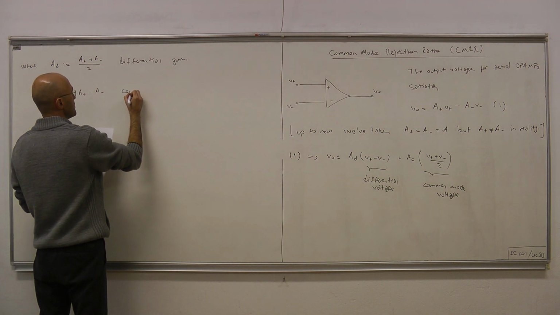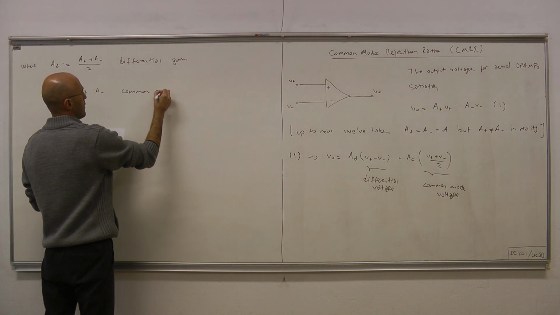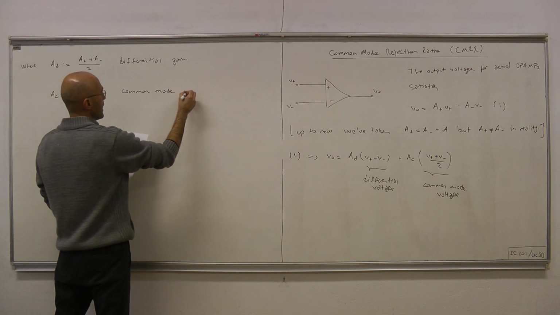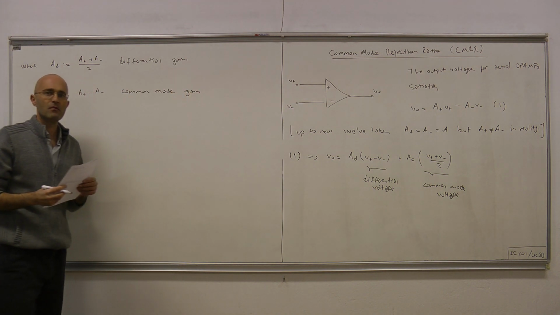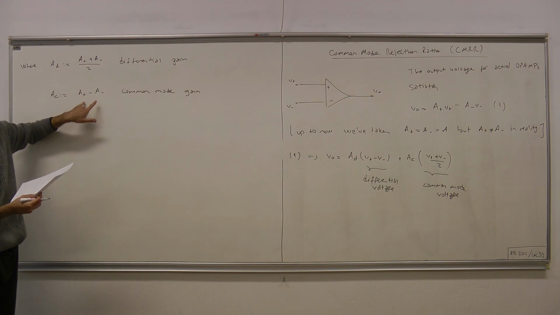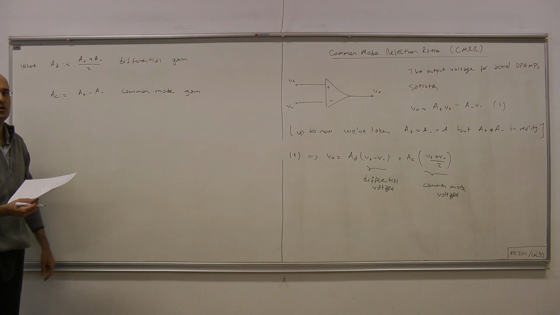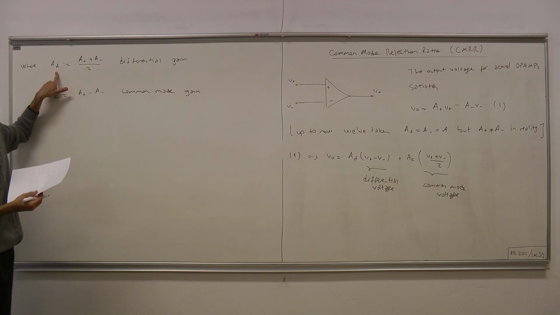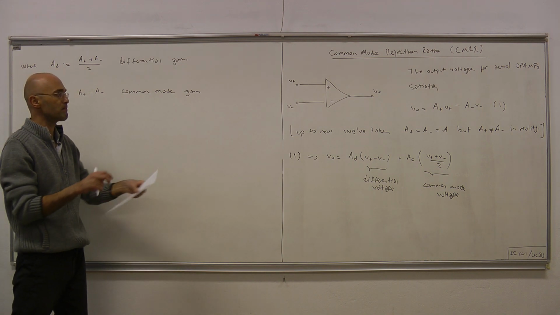This is called common mode gain. Okay. In our previous models, this was 0 because we took A plus and A minus to be the same, and this was simply A, the capital A.